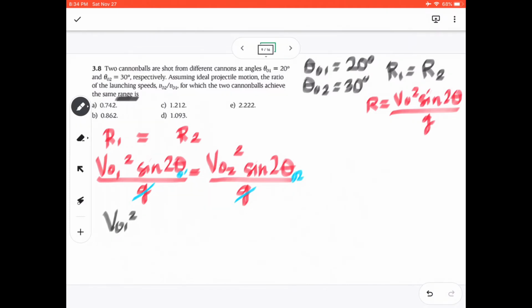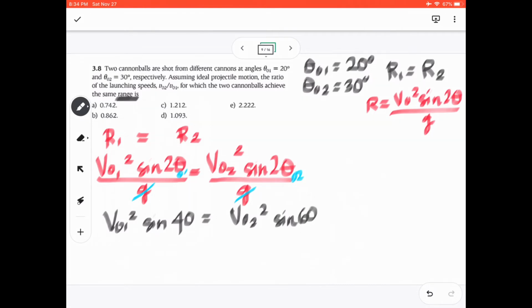VO1 squared sine 2 times the first theta, which is 20, so sine 40, is equal to VO2 squared sine 2 times 30, which is 60, sine 60.